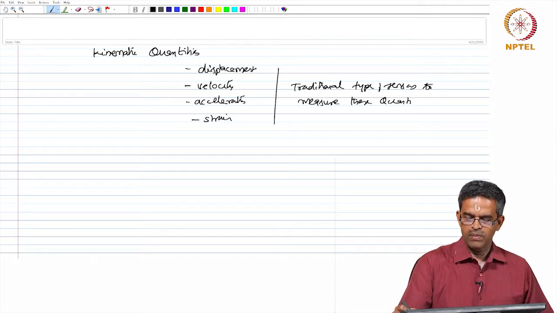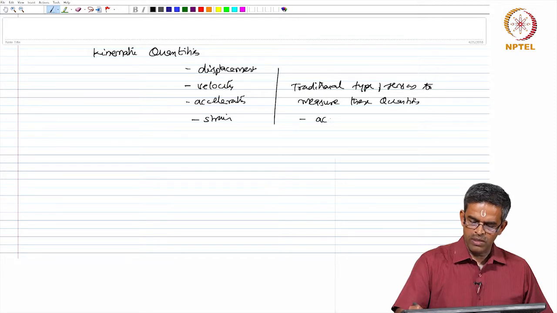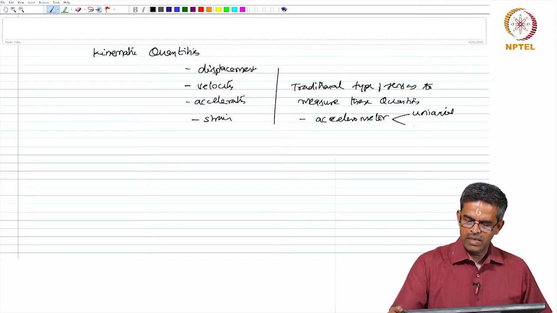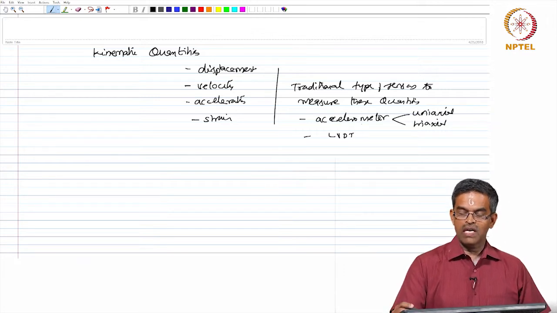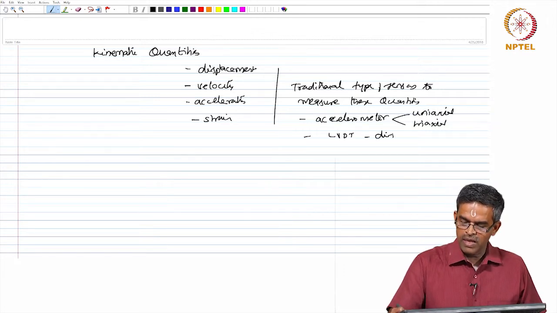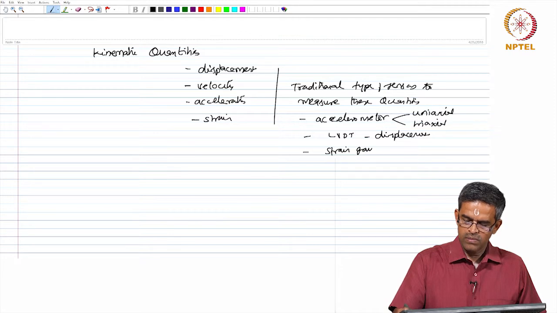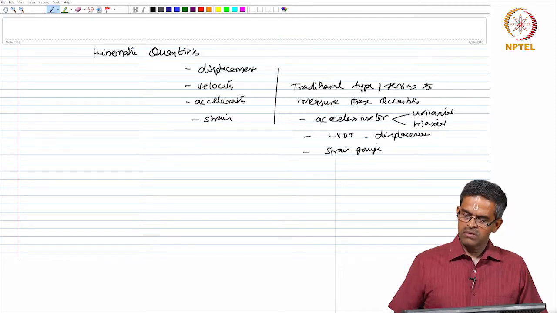For example, one can use accelerometers, both uniaxial and triaxial. One can use LVDT, linear variable differential transformer, to measure the displacements. One can use strain gauges to measure the strain, etc.